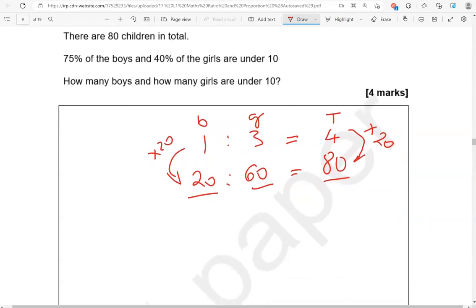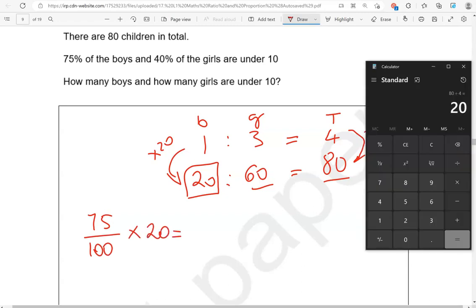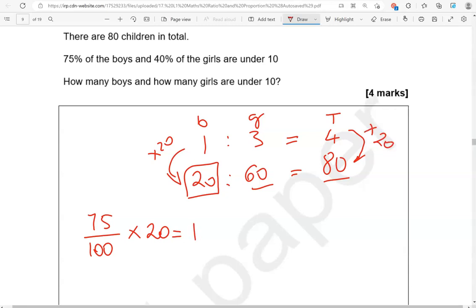Now we've got 75% of the boys being under 10. So boys, that's 20 of them. What is 75% of 20? It's like 3/4 of it. So 75 divided by 100 times 20 gives us 15. So 15 boys are under 10.